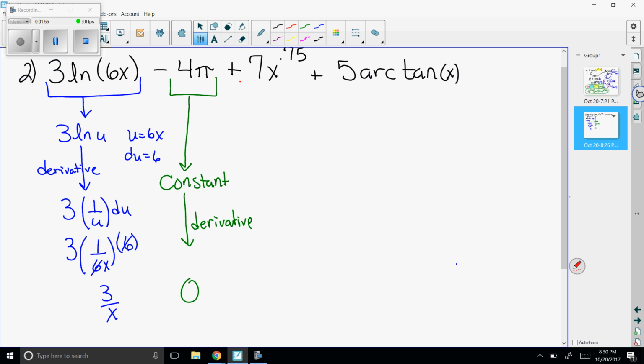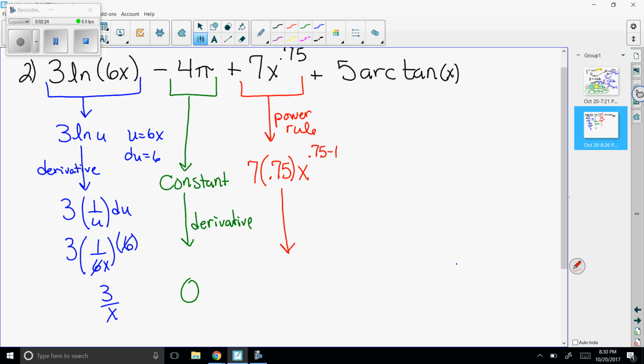So now let's look at the next term. The next term is 7x to the 0.75. That is going to happen to be the power rule. So if I look at the power rule, you're going to take 7, you're going to bring down the exponent, which is 0.75, and you're going to take the exponent of 0.75 and subtract 1 from it. I noticed you didn't simplify it, and maybe you don't have to on your test.